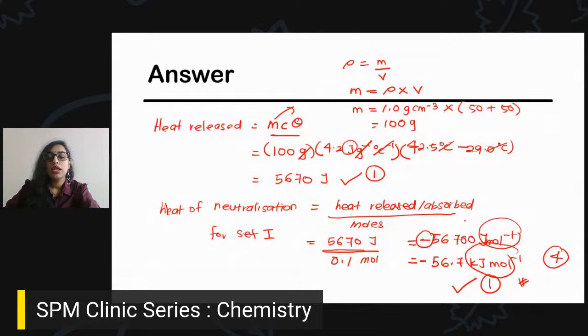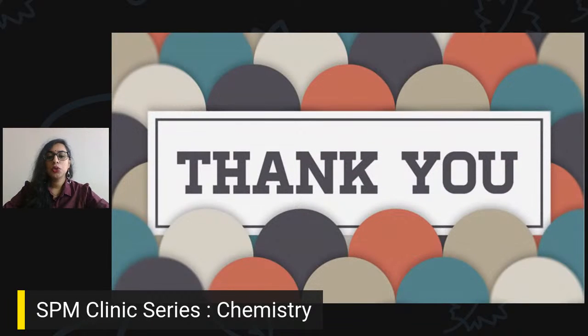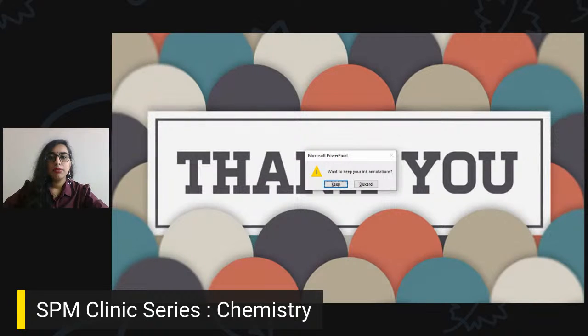This is what you have to know for Chapter 4 Thermochemistry, and also the definitions of the heats. We have heat of combustion, heat of neutralization. We have different heats, so you have to know the definitions, and according to the definition you can create the equation.